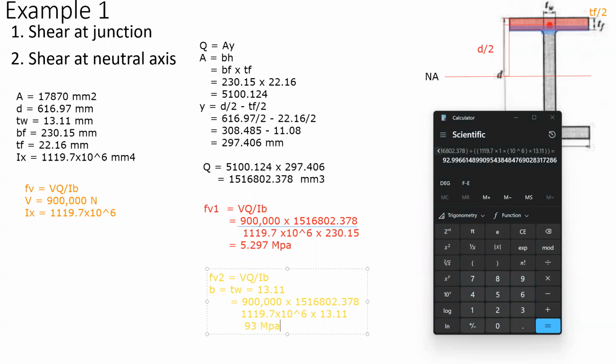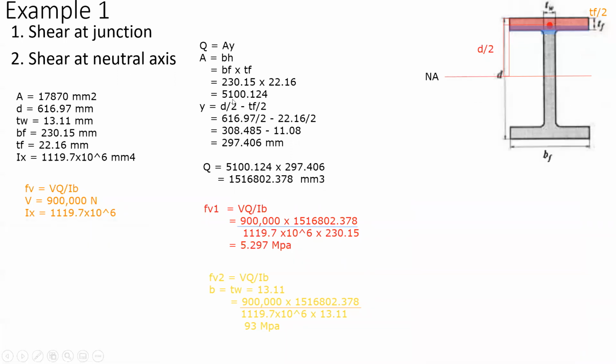Next would be shear at the neutral axis. So what about when this is now whole? Let me move this here. Our Q will change because this area will be added.